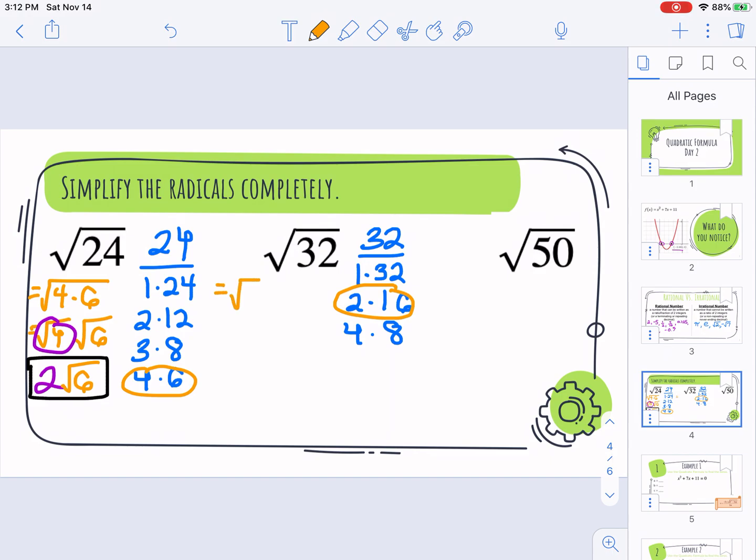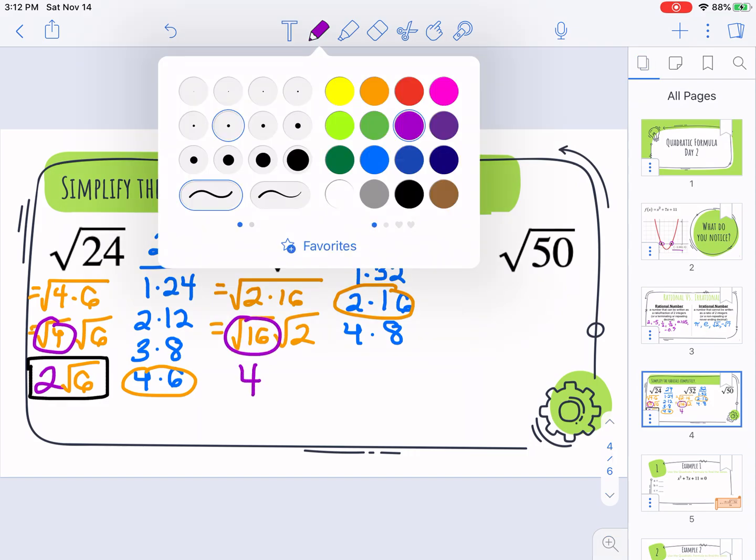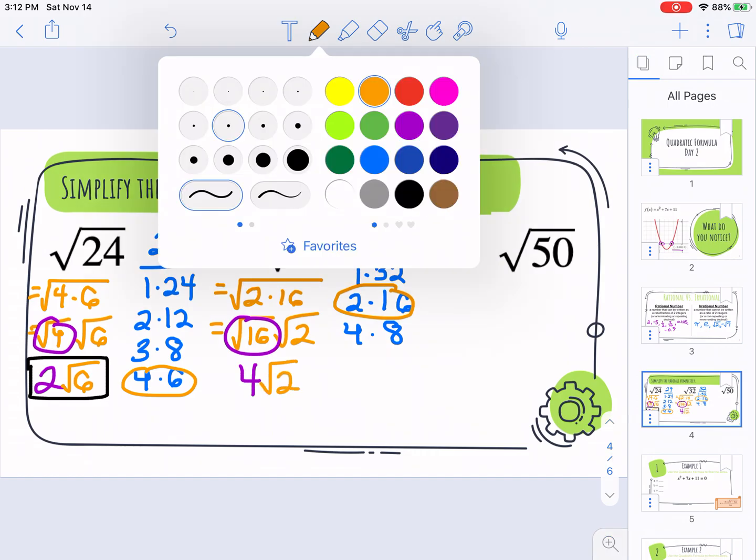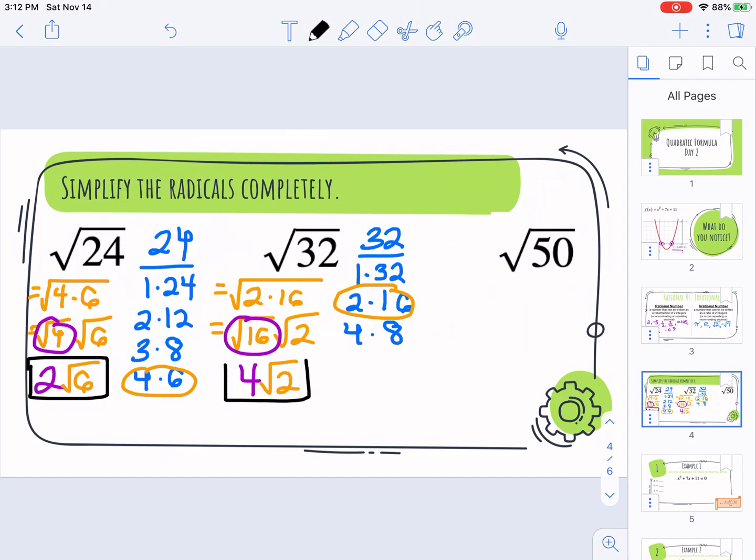Square root of 32 is the same thing as the square root of 2 times 16, which we can write as square root of 16 times square root of 2. I know the square root of 16 is 4. However, I don't know the square root of 2, so I leave that under the radical. Square root of 32 simplifies down to 4 square root of 2.